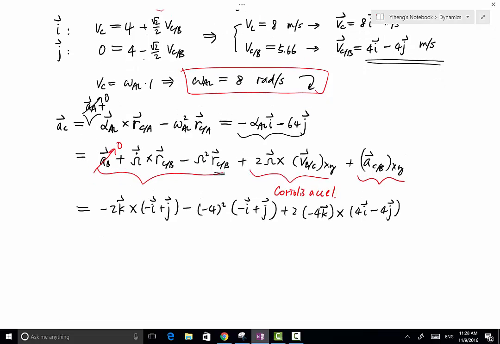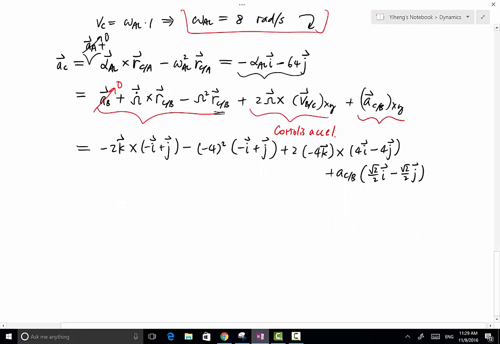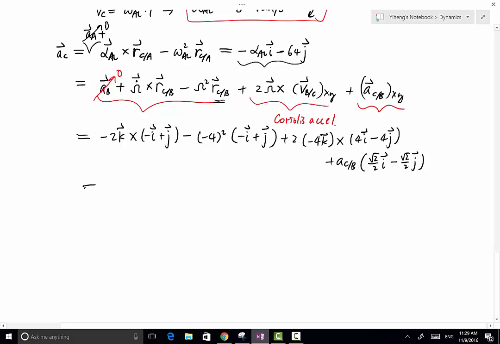So we will have plus a_C over B, just changing the velocity to acceleration, same unit vector, square root of 2 over 2 i minus square root of 2 over 2 j. After we evaluate the right hand side and simplify, we have negative 14i minus 46j plus square root of 2 over 2 a_C/B i minus square root of 2 over 2 a_C/B j.